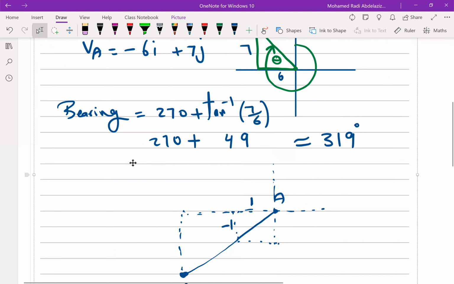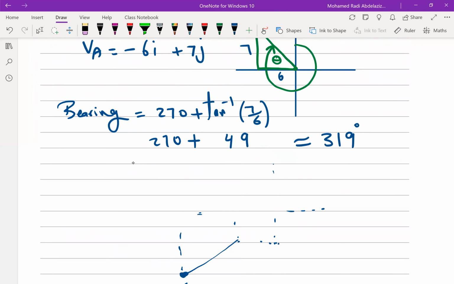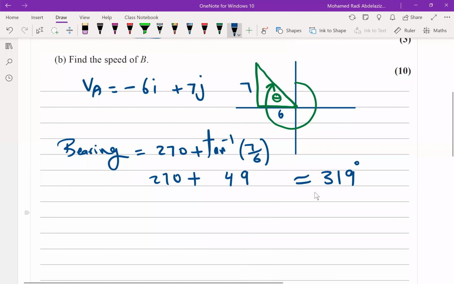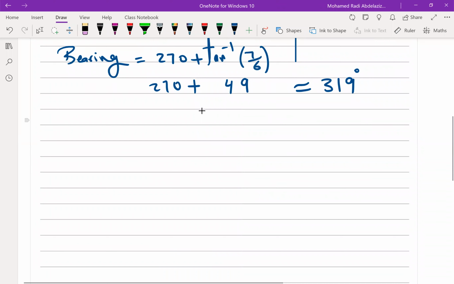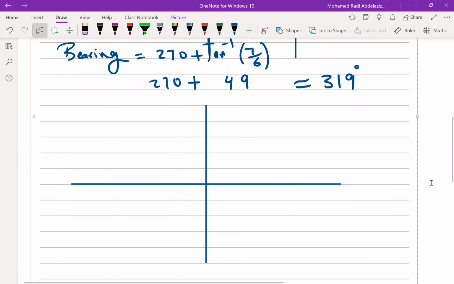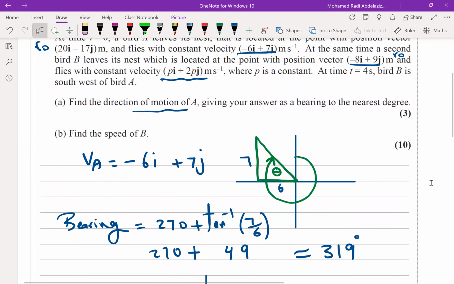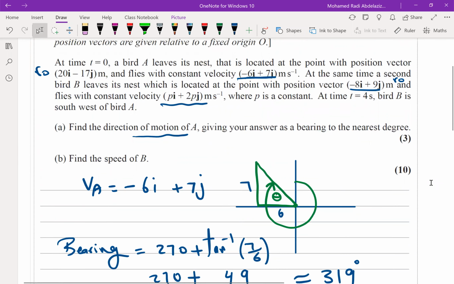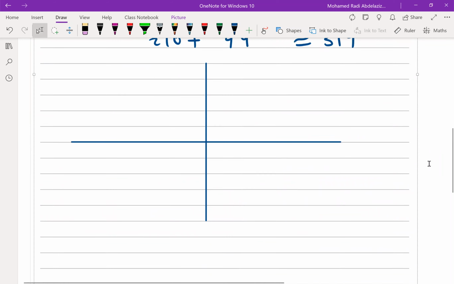Find the speed of B. Let's now show the direction of A and B. If we start to show x, y, for bird A, start with initial position 20i and minus 17j.